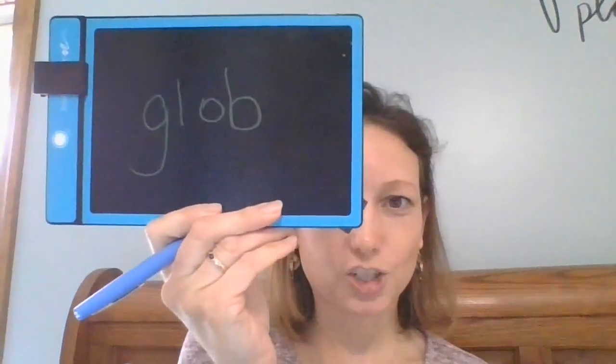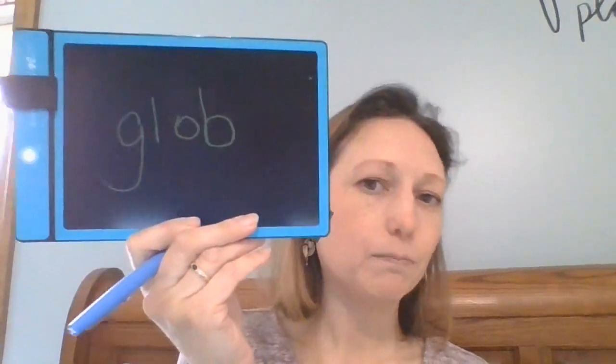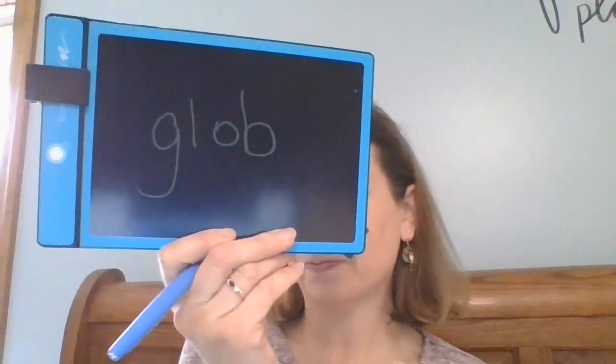Number 5, glob, glob. In this one, we have a blend at the beginning. G-O-B, glob. How did you spell glob? Did you spell glob? G-L-O-B, glob. Number 6, stuck, stuck.